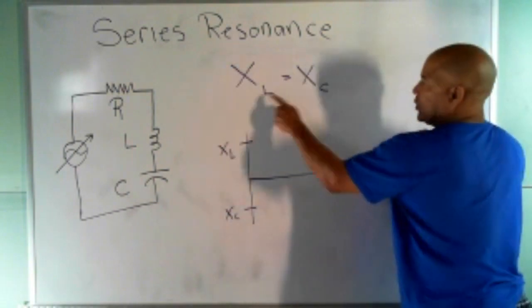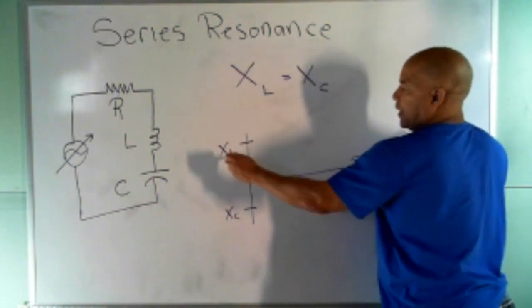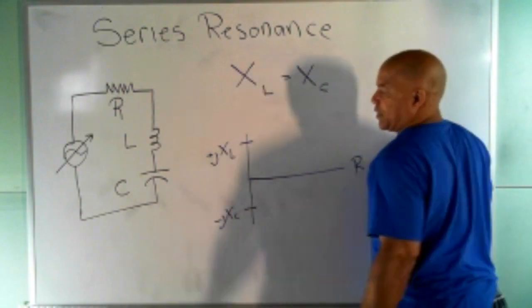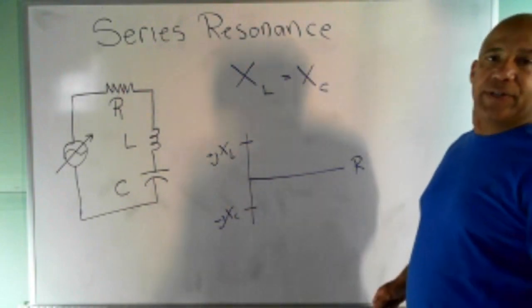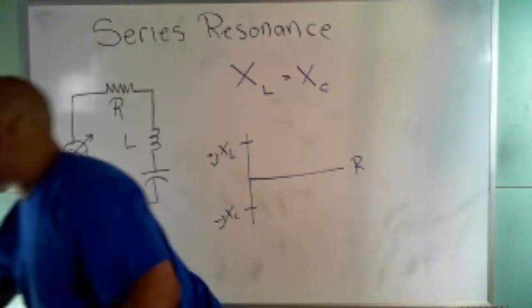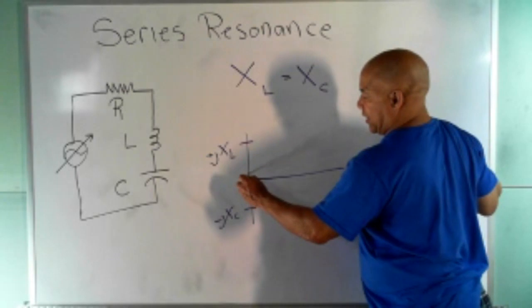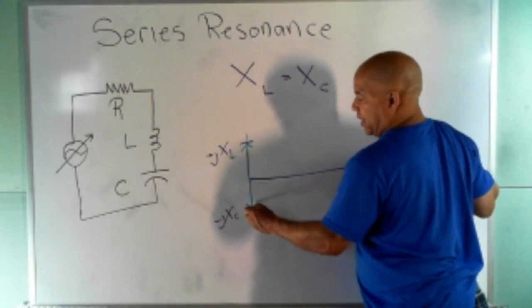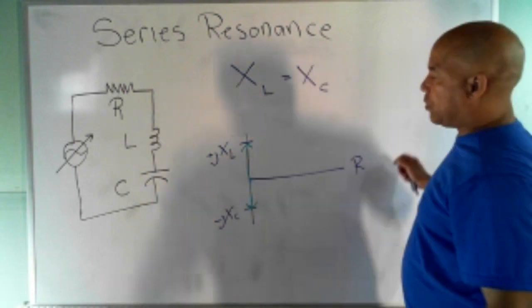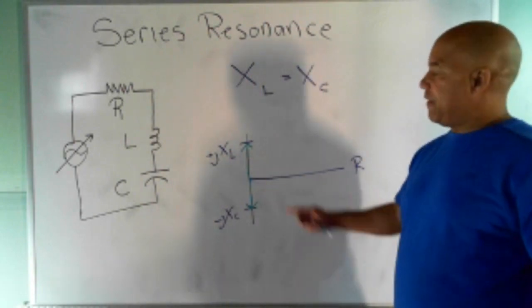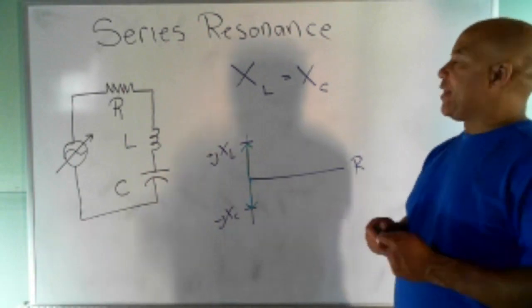When these two are equal, this has a positive j operator in front of it, this has a minus, which means they're out of phase by 180 degrees. So you can think of them as equal magnitudes. I'll reach an XL value of whatever this is, and I reach the same XC value. Those two numbers are equal in magnitude but the phases are opposite, so they cancel out.